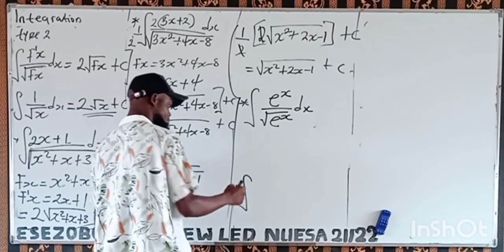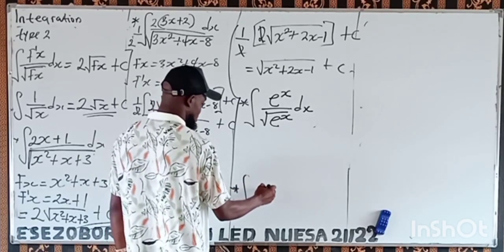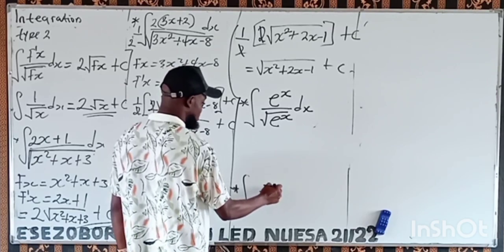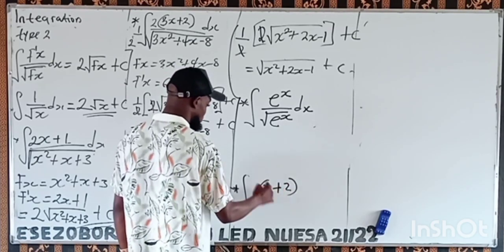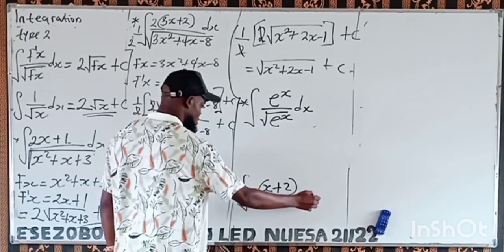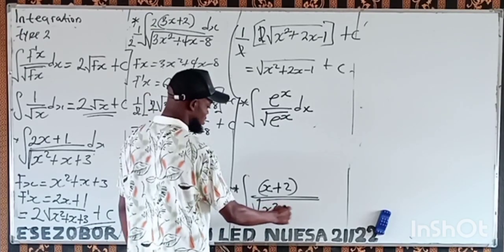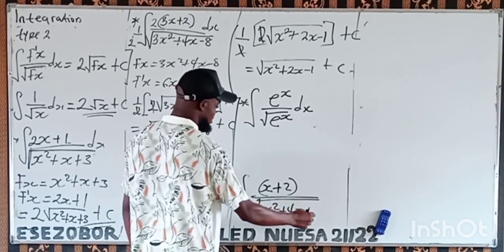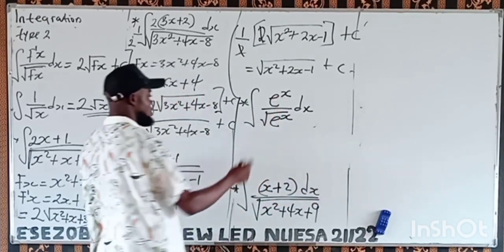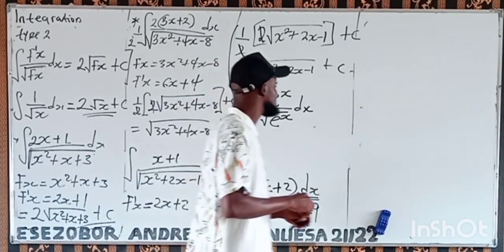Integral of x plus 2 over the square root of x squared plus 4x plus 9 dx. So what will be the answer to this? What will be the answer to this? So do that. Everything you can do it.